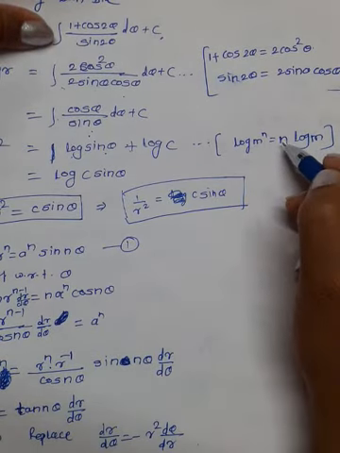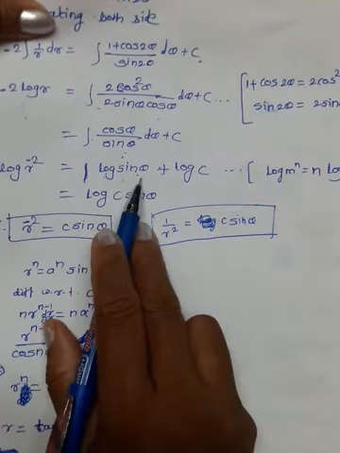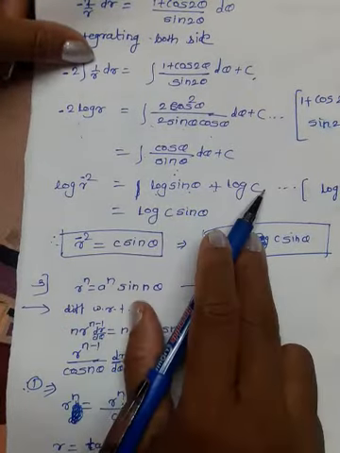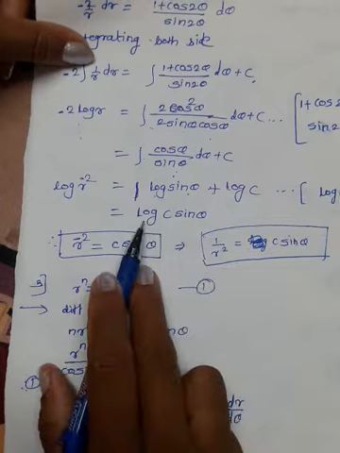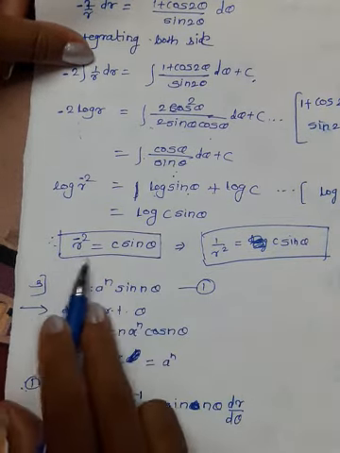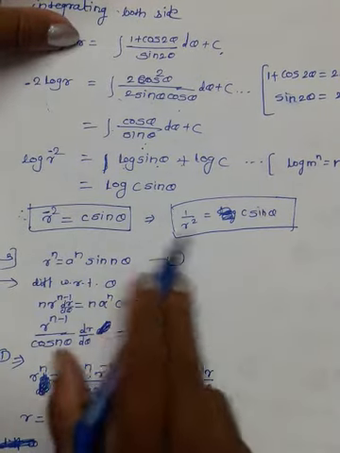This minus 2 comes to r raised to minus 2, and log of sine theta plus take c as log c, because every term is log. Log a plus log b is log a into b, and cancel out the log on both sides, we get r raised to minus 2 is equal to c sine theta, or 1 upon r square is equal to c sine theta.